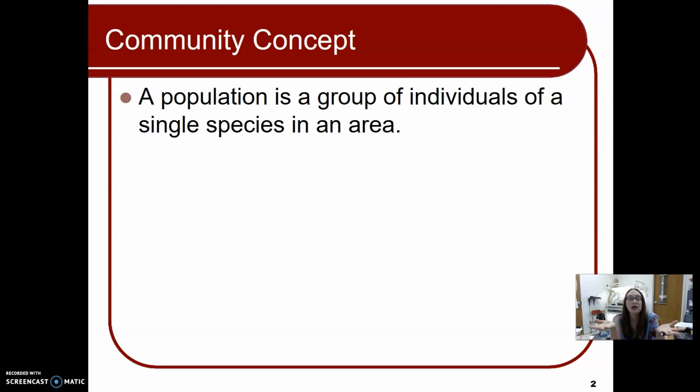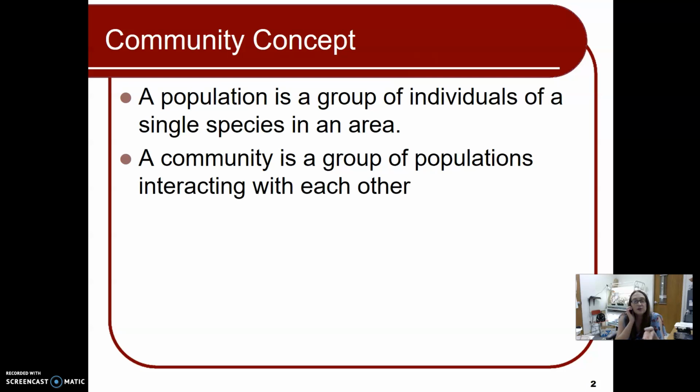So a pride of lions living in a certain area of the savannah. A community would be a group of populations interacting with one another. So that includes other species. So all the lions, zebra, giraffe, wildebeest, everybody that's interacting in the area together.